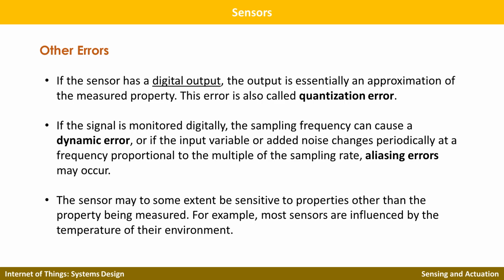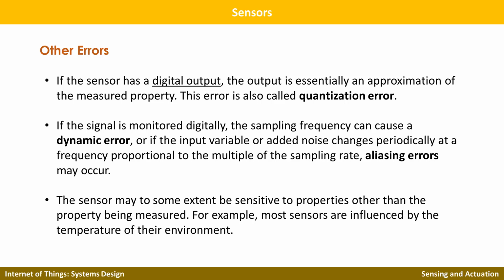Aliasing error is another type of error that may occur if the input variable or the added noise changes periodically at a frequency proportional to a multiple of the sampling rate. Aliasing errors are hard to detect and almost impossible to remove using software.